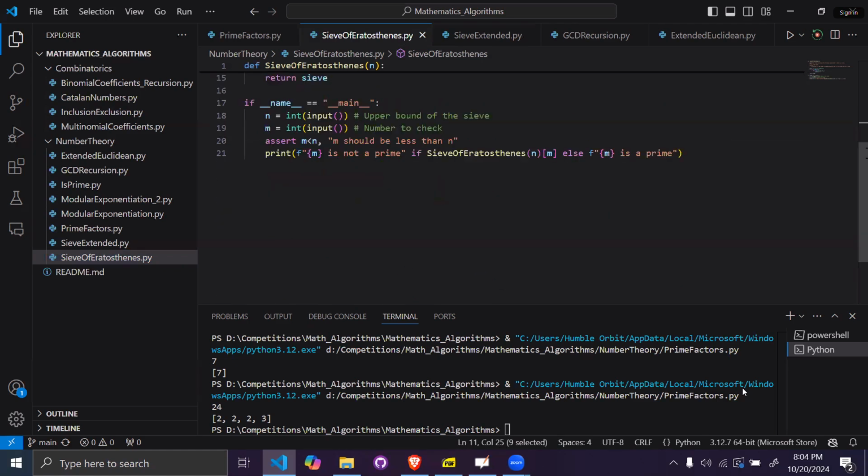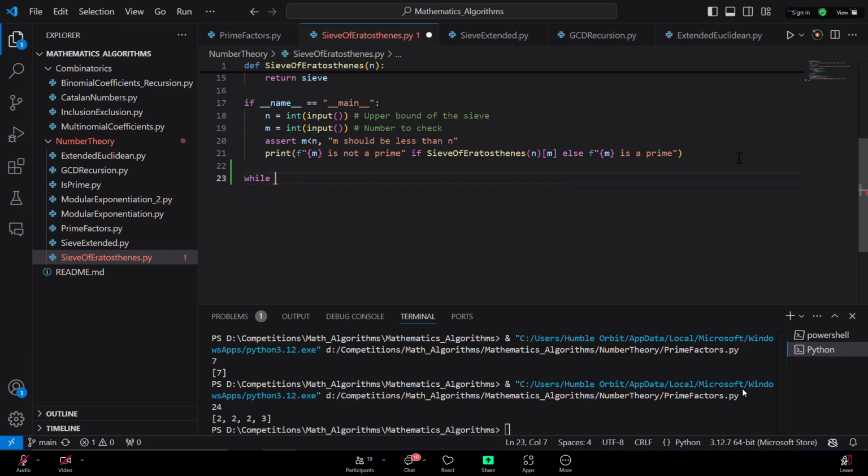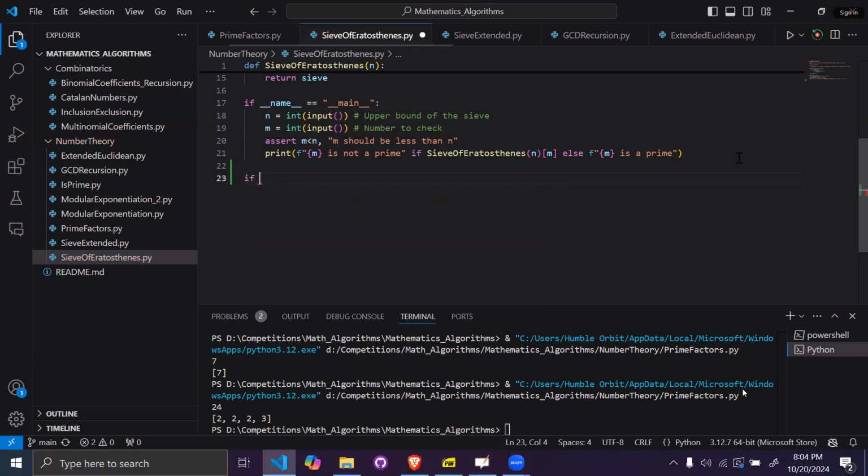If you say something like, let's say, while 1, this is taken as while true. And while 0 is while false. Let's say if 1 is if true. If 0 is if not true.